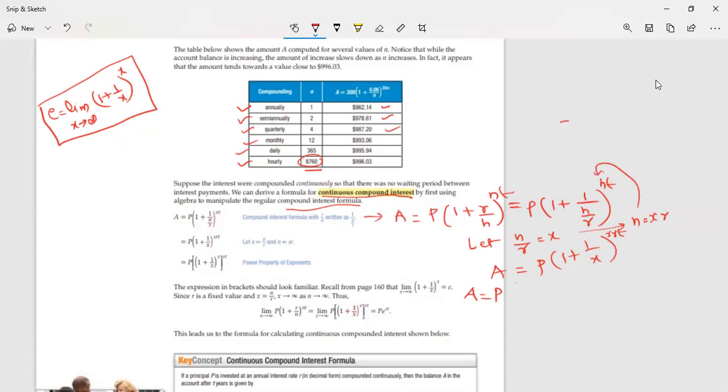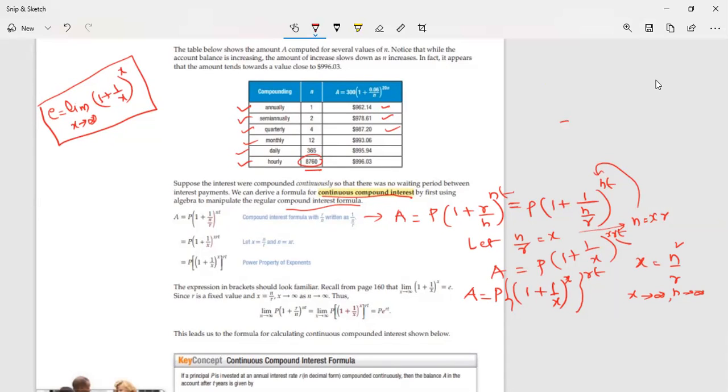So we got A is equal to P into 1 plus 1 by X raised to power X, to the power RT, because this power is split into two parts, and power to the power gets multiplied. Now, as X tends to infinity, N will also tend to infinity, because X is equal to N upon R and N is in the numerator.